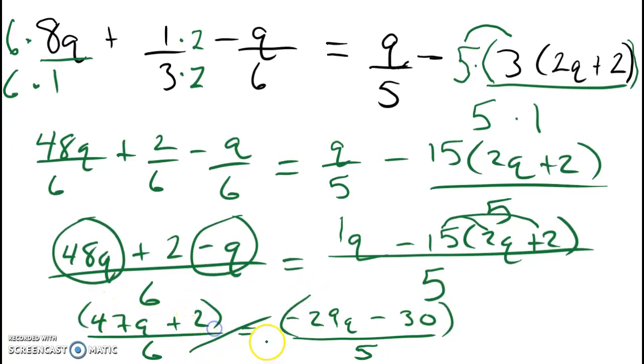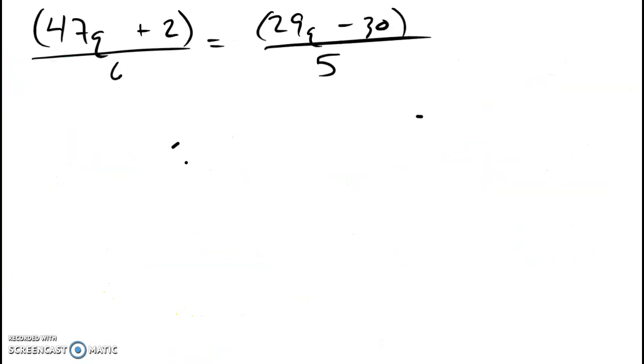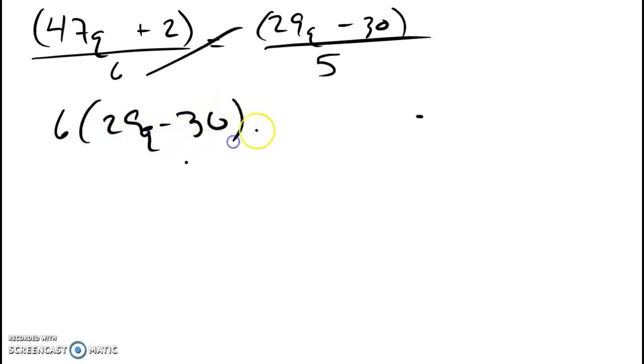So by cross multiplying, I'm going to get 6 times 29q minus 30, forgot the q, is equal to 5 times 47q plus 2.